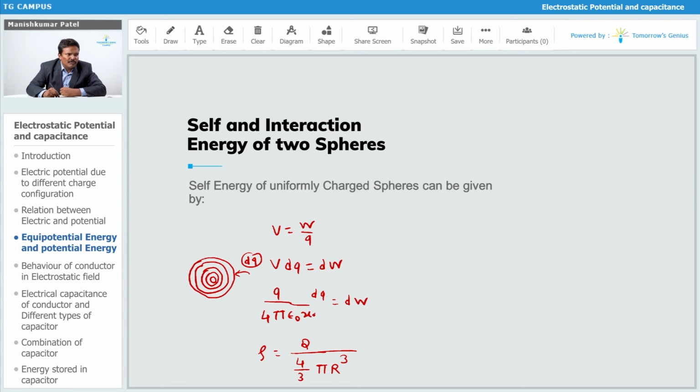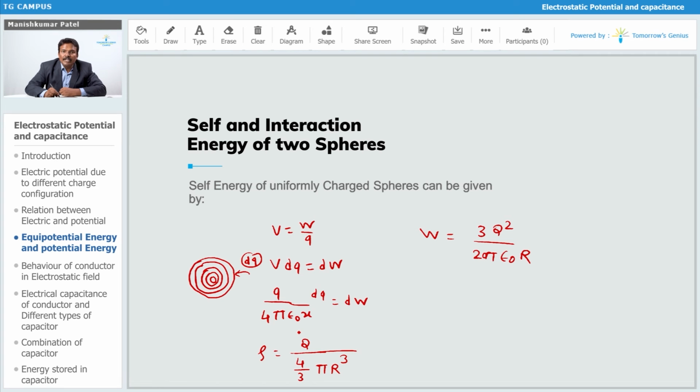You have to do some work, putting in terms of q and dq. You can find the value of that work done, and finally it will come to 3Q square upon 20 pi epsilon naught R. That is the expression for your work done, and that work done will be saved in the form of energy.